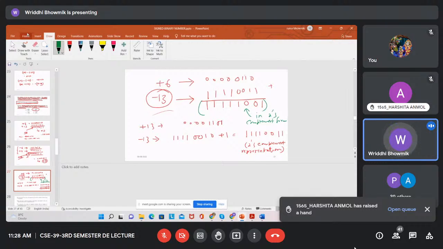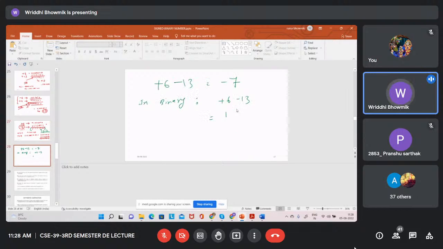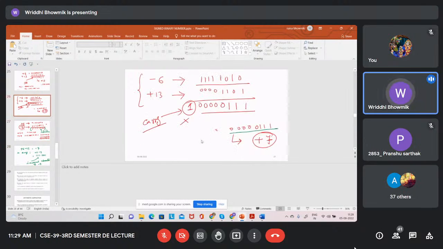So if we see the result when you do plus 6 minus 13, you will get minus 7, or in binary, 1 1 1 1 1 0 0 1. So this is the 2's complement representation of minus 7, and it can be proved.